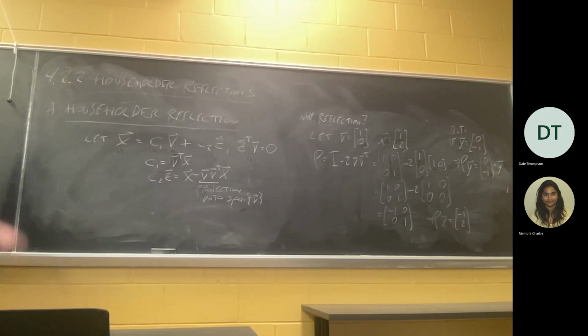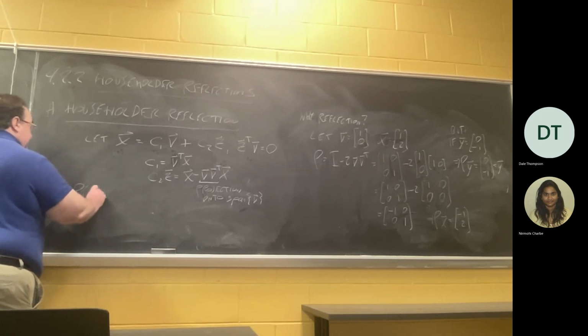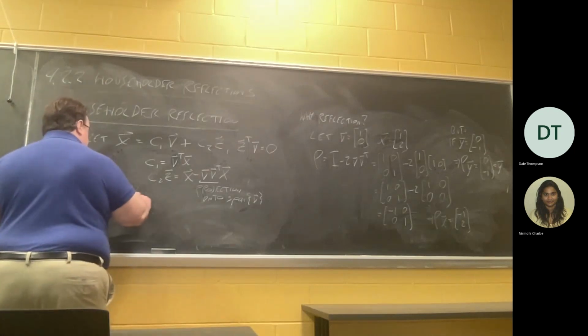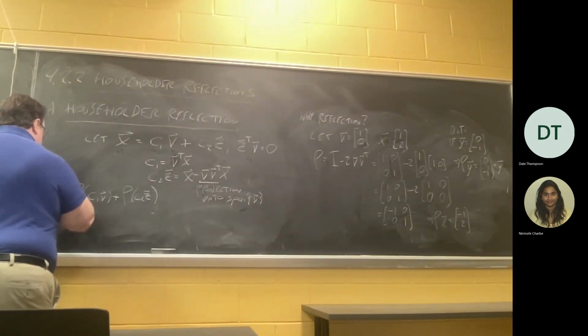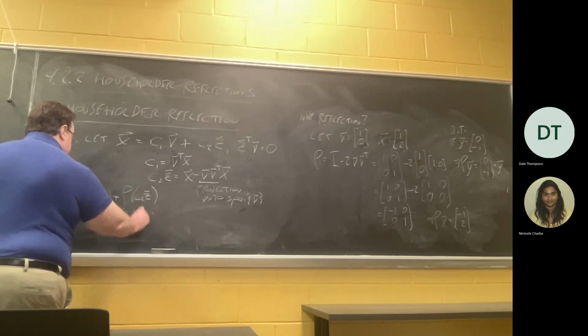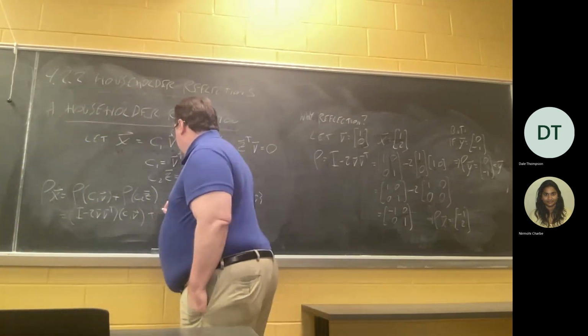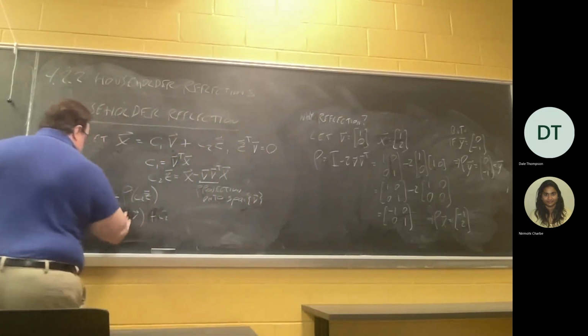So I'm using this decomposition to show exactly what P does to a vector. So Px is equal to P times the first term plus P times the second term. Then I fill out what P is. So P is identity minus 2 v v transpose times C1 v plus, actually, I'm going to pull the constants up front because I don't really want to deal with them anyway.